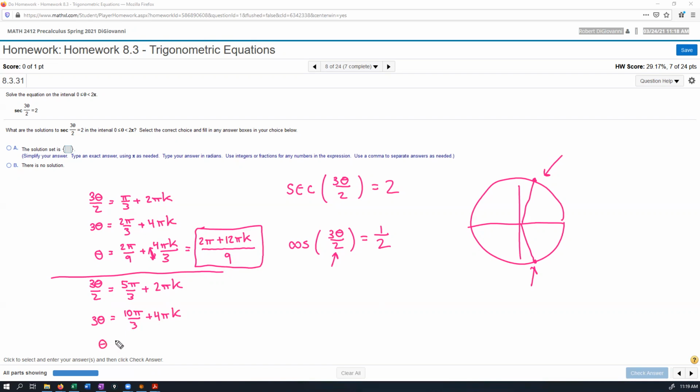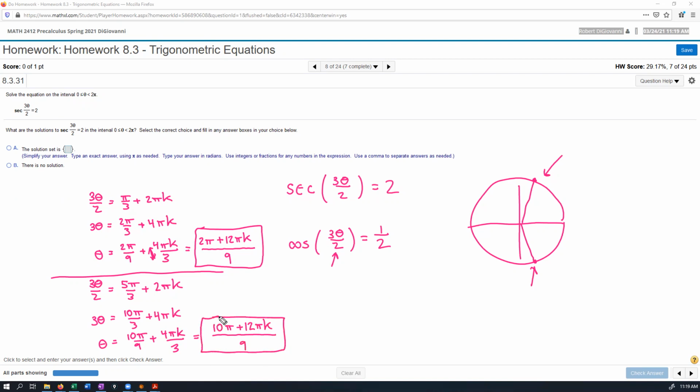Divide both sides by 3, I get 10 pi over 9 plus 4 pi k over 3. Multiply the second fraction here by 3 over 3. So we get 10 pi plus 12 pi k over the common denominator, which is 9.